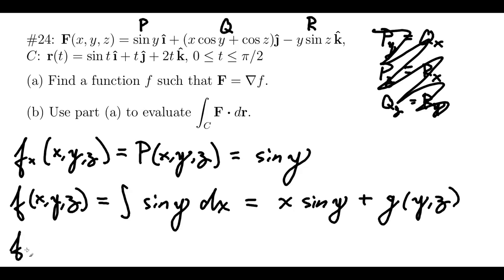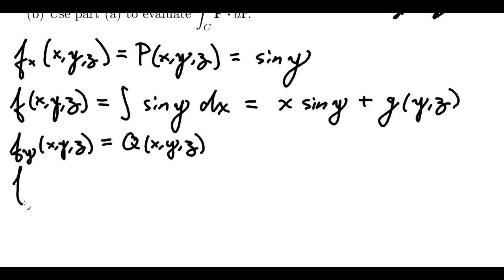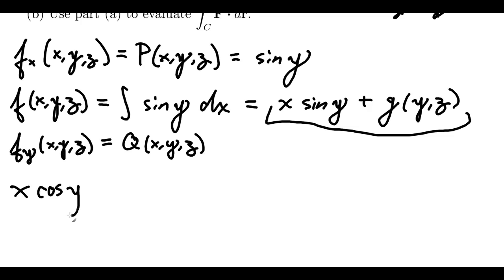Now we can say, all right, so if we take its partial by y, that will need to equal q. Okay, so, don't do that. I actually want to evaluate this. The partial of f by y, well, over here is our form for f, right? I want to take the partial of this by y. So that looks like it'll be x cosine y plus g sub y of y and z.